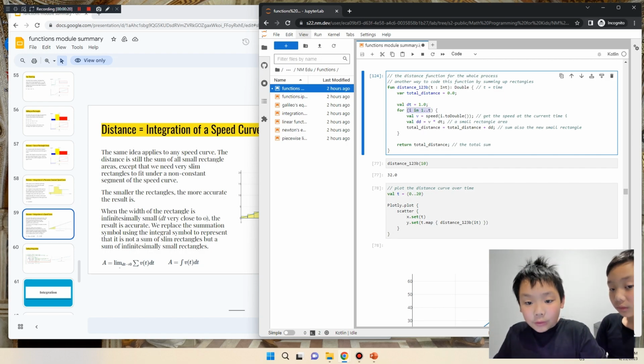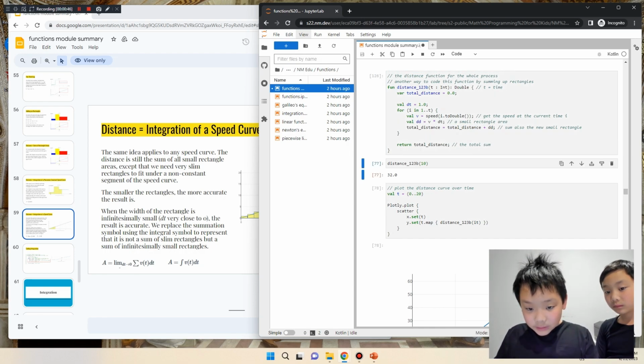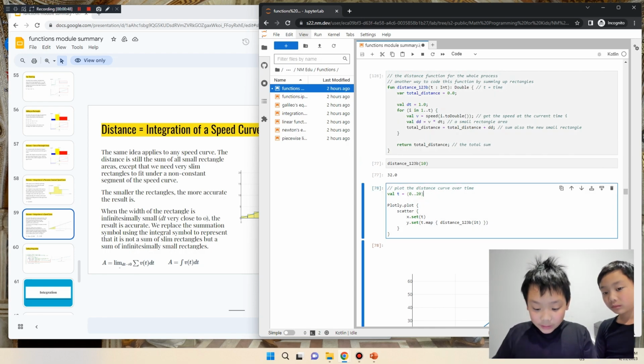So here we have speed, we don't need this. dd is a rectangle, so we do dd plus dd plus dd, i times. We can't do dd times i because dd is constantly changing. So we do the total distance plus dd, which will give us 1, 2, 3, b.